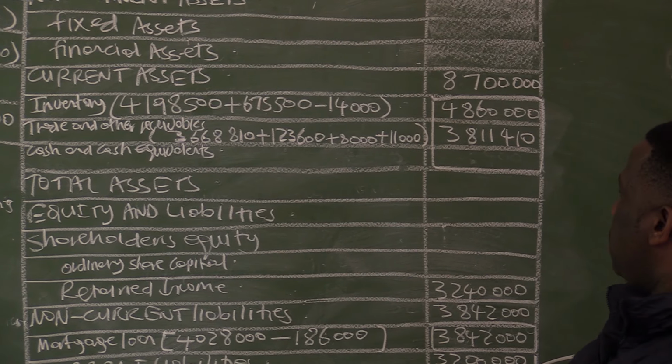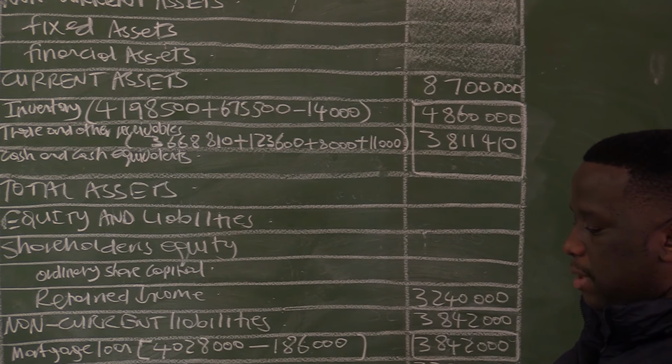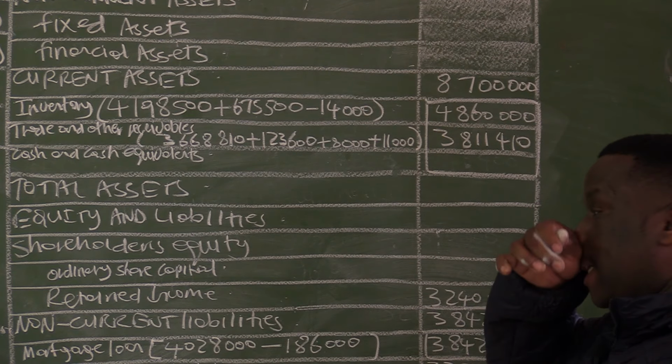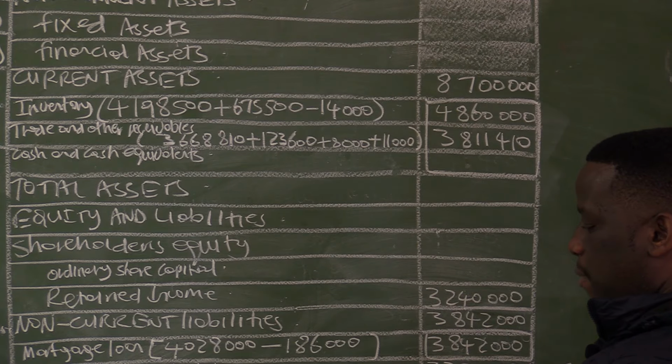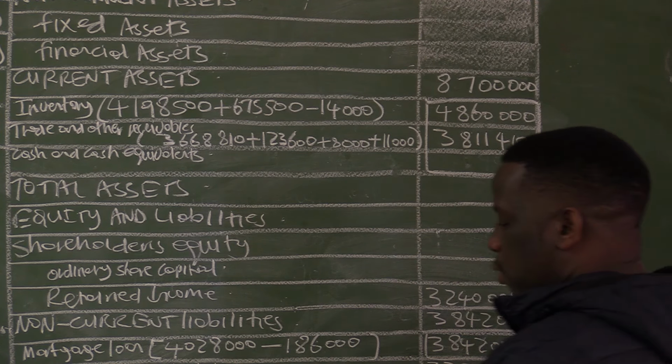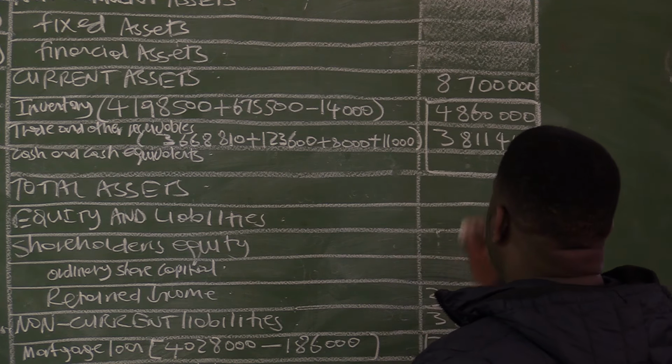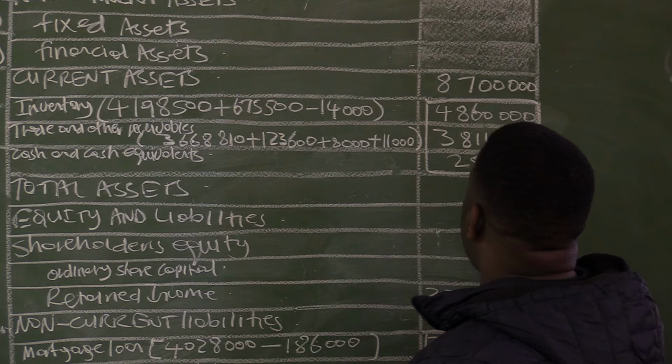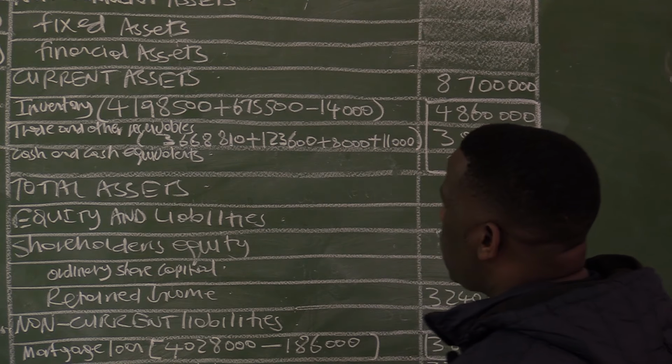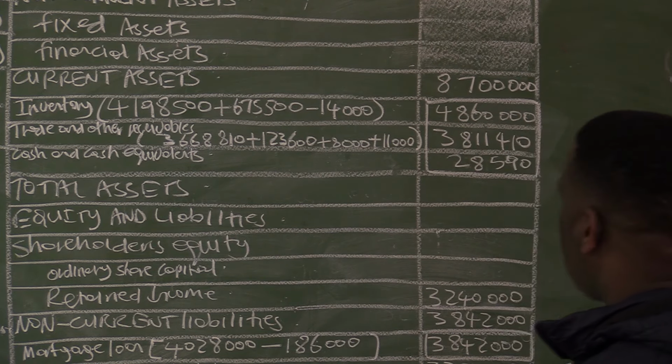To get that missing amount, it's 8,700,000 total minus 4,860,000 minus 3,811,410 equals 28,590. So our cash and cash equivalents as the balancing figure is 28,590.